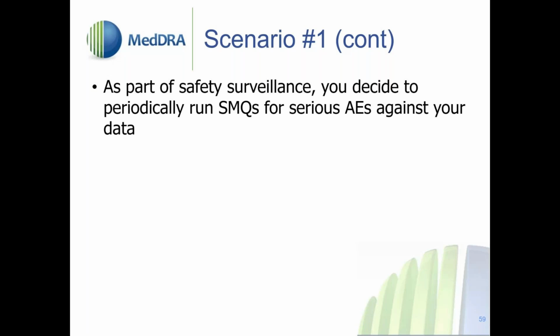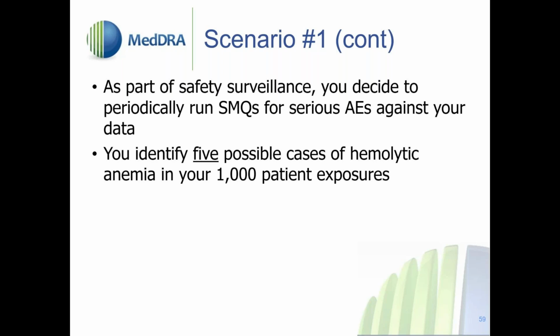All right, so you learned about SMQs and you started applying them as part of safety surveillance. And you decide you're going to periodically run the SMQs on a regular basis against your serious adverse events in your database. And once you hit 1,000 patient exposures, you identify that you have 5 possible cases of hemolytic anemia. So hemolytic anemia is not an easy risk to accept.